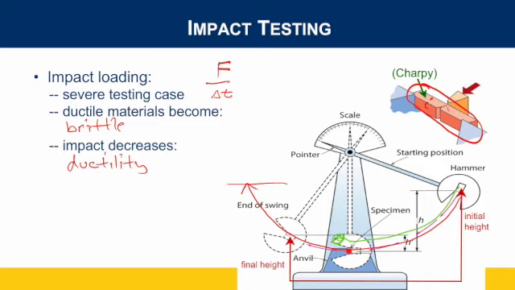Obviously it's usually somewhere in between. The material will swing up to some level and we can determine how much energy was absorbed, or how tough the material was, and how much energy was transferred back into potential energy. Okay. But again, most materials that are very tough to start with become very brittle when you impact them, and that just means that they lose their ductility.